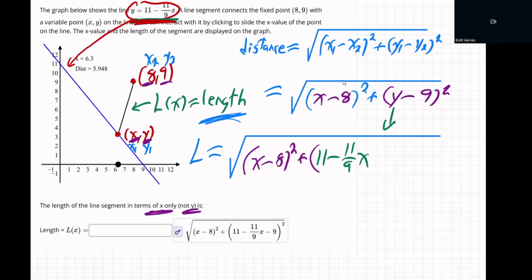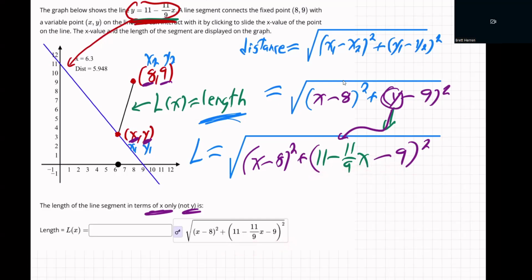Whoops, I'm a little too quick there. Minus 9 squared, right? So the y becomes all of this, doesn't it? This right here is y. Minus 9. So there it is. And that's the formula they have right there.